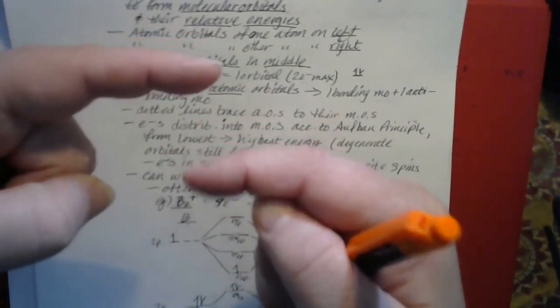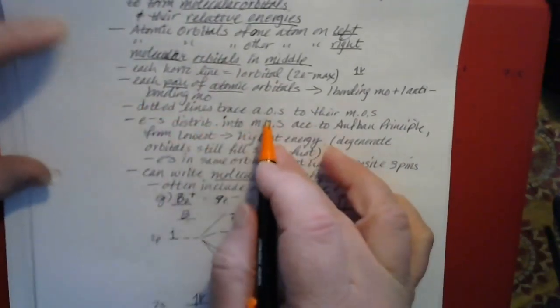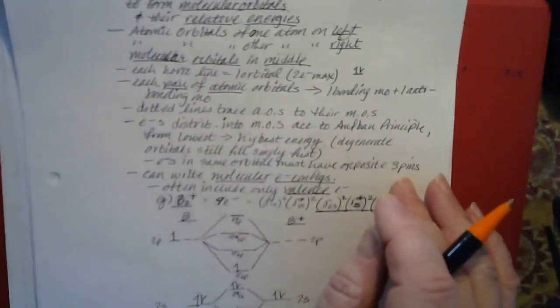And the lower energy one is the bonding molecular orbital, and the higher energy one is the anti-bonding molecular orbital. We often use dotted lines to trace out where the atomic orbitals go to form molecular orbitals. Although I tend to use straight lines rather than dotted lines just because it's easier. But the book uses dotted lines for that.